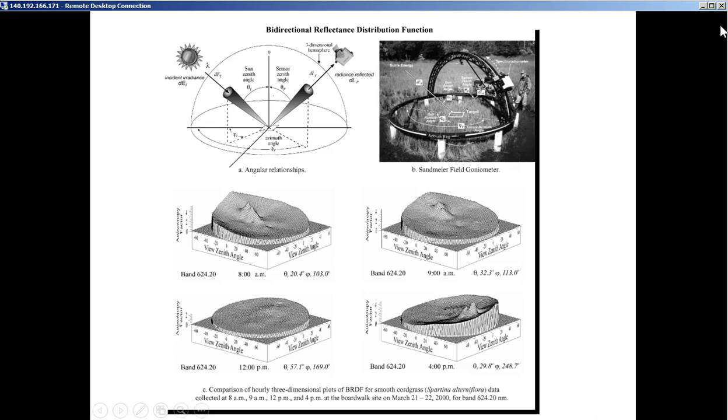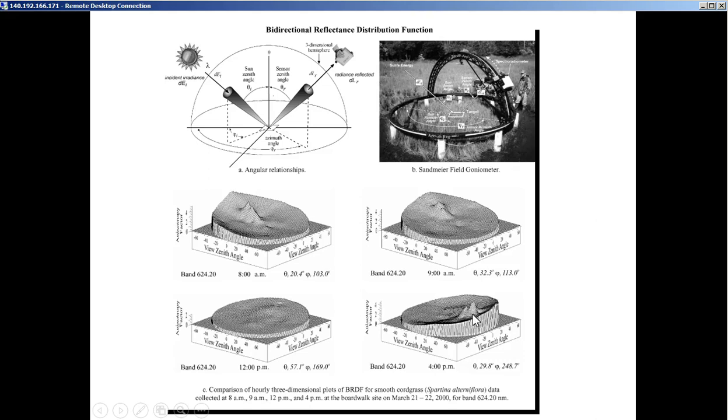Now these changes are the daily changes, the diurnal changes in sun elevation, but in fact, the change that we're going to be concerned with, trying to solve, is the seasonal change in sun elevation. So it's always going to be more or less from the same azimuth, from the same direction, because it's going to be close to the same sun time, but it will be different in elevation.